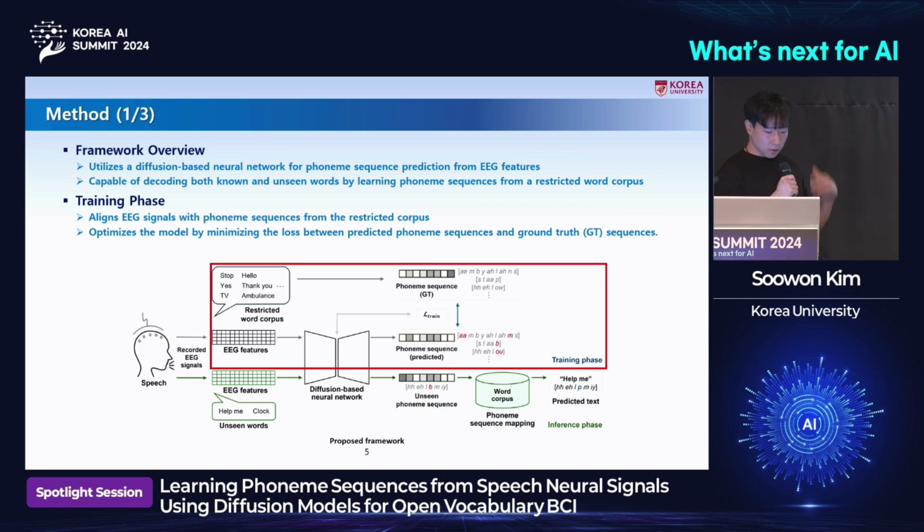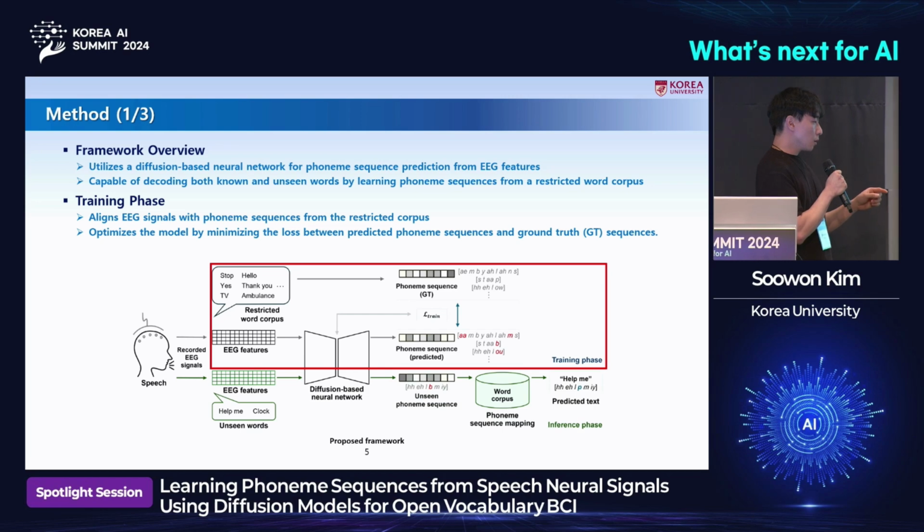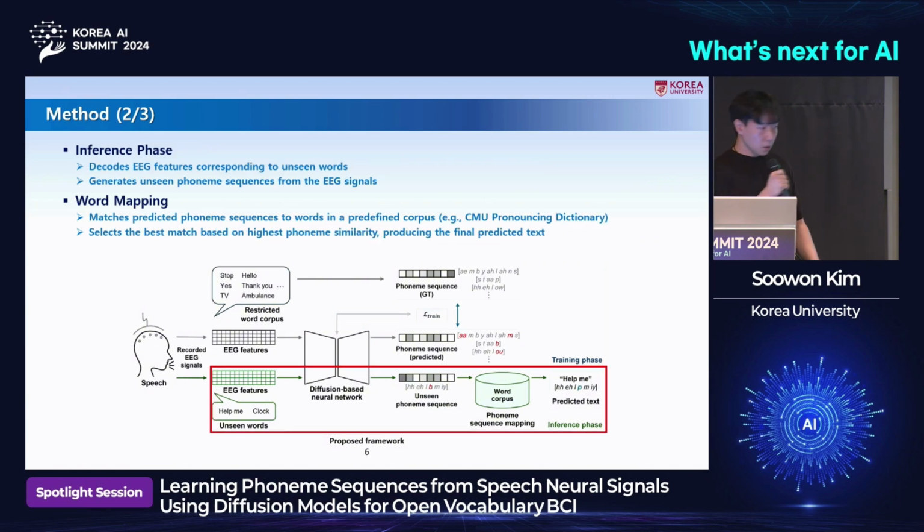Here, again, I'm going to restate the framework. During the training, we train the model with the phoneme sequences that are already seen in the training set. And then during the inference stage, we attempted to see the feasibility that the model can reconstruct the unseen word.